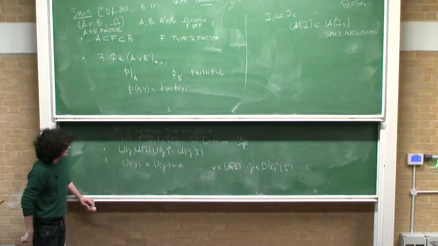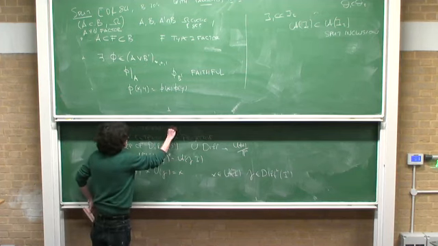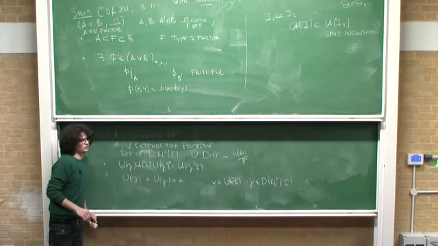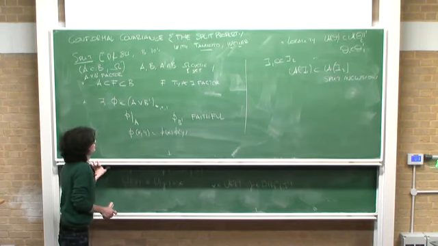And so what is interesting is that whenever A is a conformal net, the split property holds. And so now let me say a couple of words about the proof.